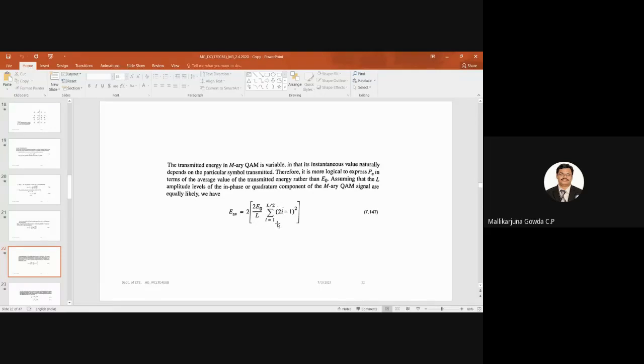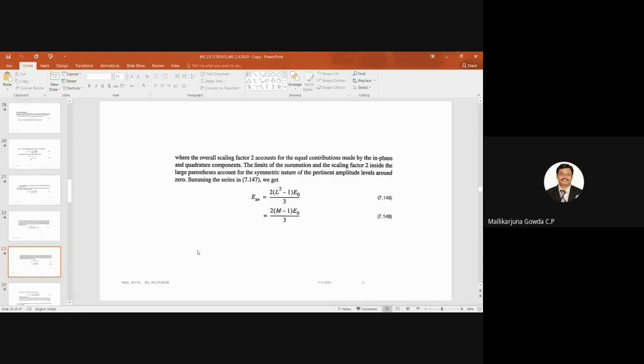So it varies from 1 to L by 2 of 2i minus 1 whole square. So you will be able to say what the average energy of the signal is. By approximating, it has been brought to this level, that is 2 of M minus 1 of E naught by 3. Have a look at how we can simplify and bring it to this one.